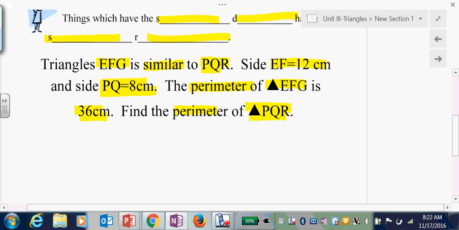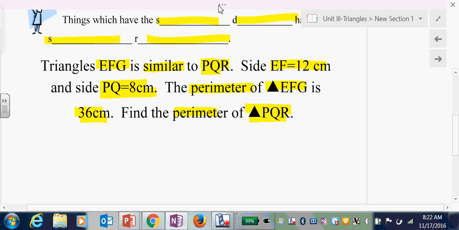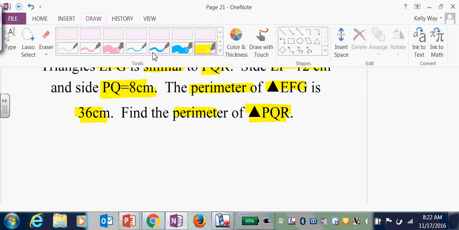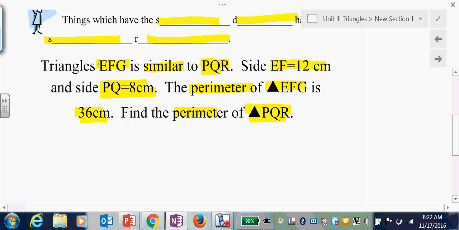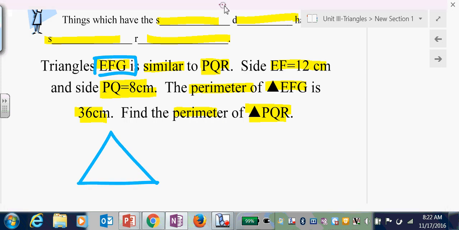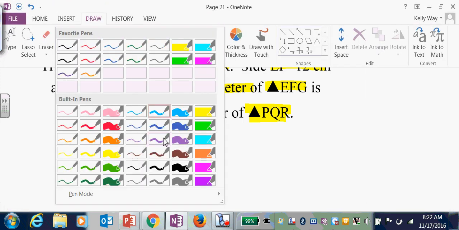Step number 1 is to actually draw this. So we're going to start by drawing triangle EFG, and they are similar, which means they're the same shape but a different size. So we're going to make it look same shape, different size.